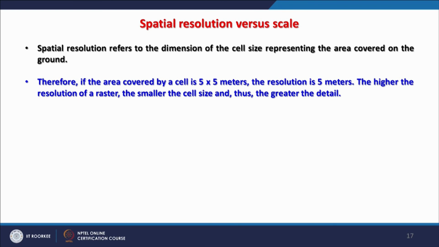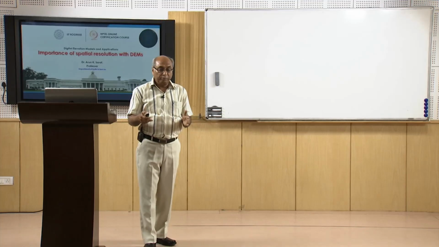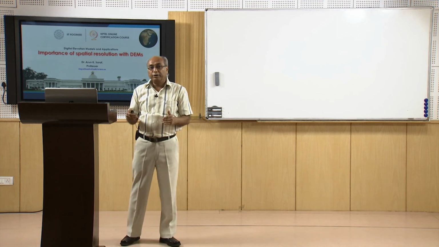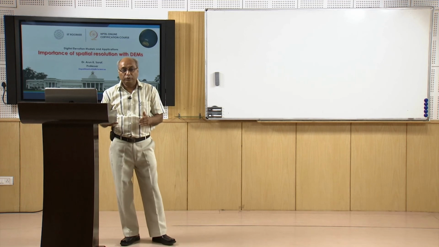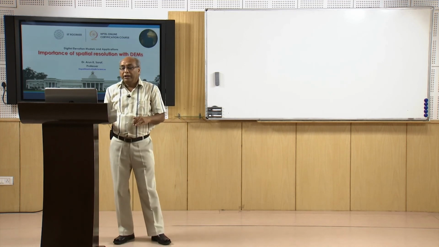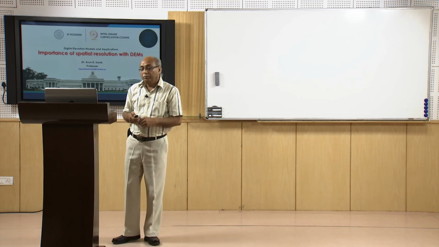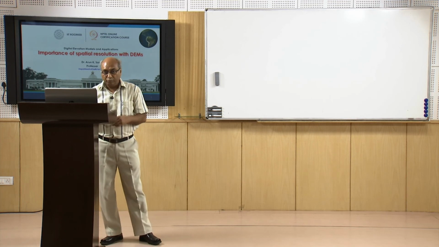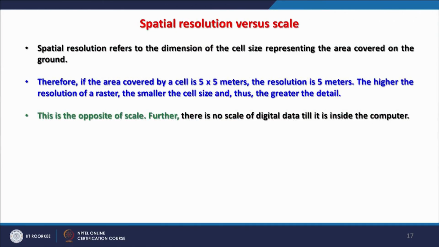With higher spatial resolution of a raster, the cell size is smaller and thus greater details are there, but at the same time it will occupy a large space on the hard disk, and it will require more processing time. So if you are handling a very large area at very high resolution, you know what kind of problems one is going to face while processing such a data set. And this is the opposite of scale.